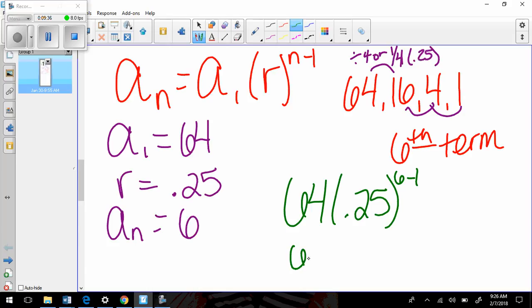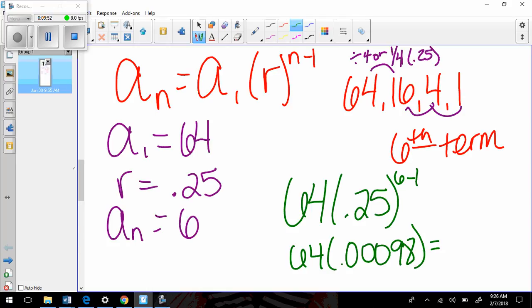So now it's just about solving. I'm going to have 64 times 0.25 to the 5th power, which is 0.00098.